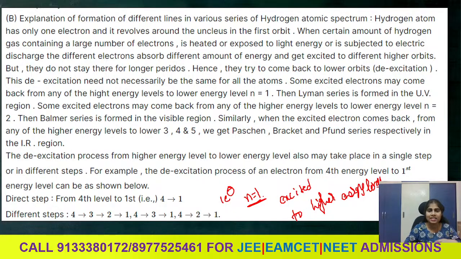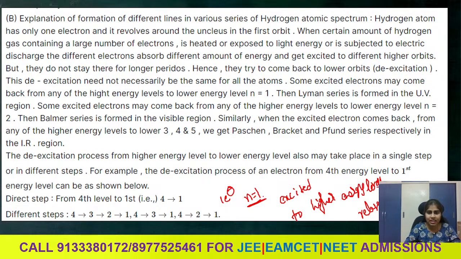Energy is absorbed, and that energy absorbed by the electron will be released when it moves from higher energy to lower energy, like we have seen in the sixth postulate of Bohr's theory. When it moves from lower to higher, energy is absorbed. When it moves from higher to lower, energy is emitted.